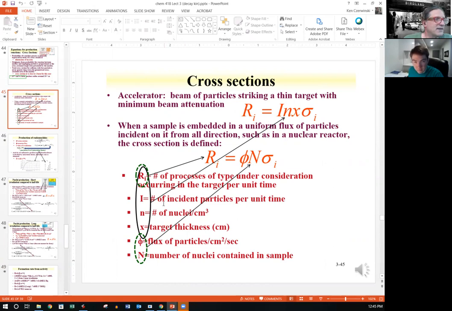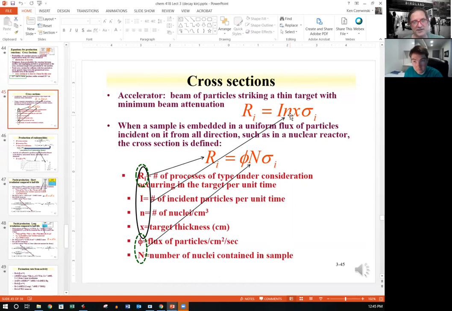I'm using the incident particles per unit time. It's a little bit different. And then I'm also talking about the thickness of the target itself. And it has to do with trying to capture some of the essence of the difference between an accelerator and a reactor.